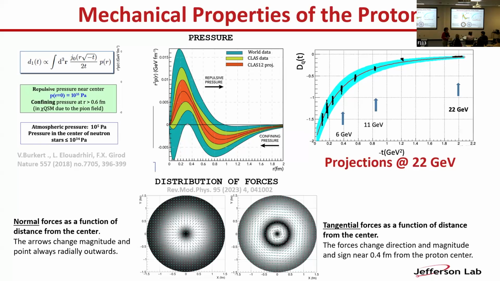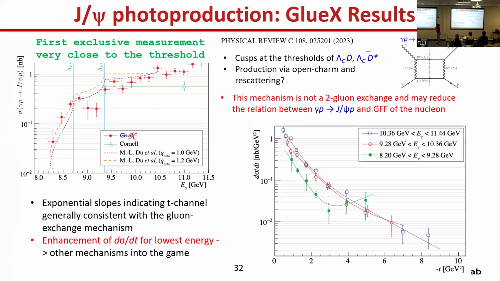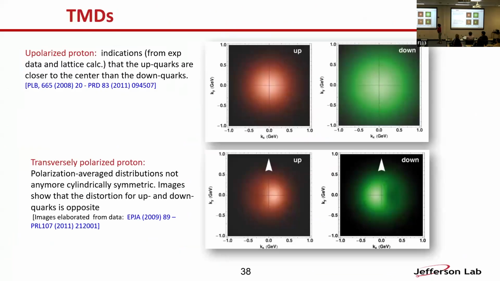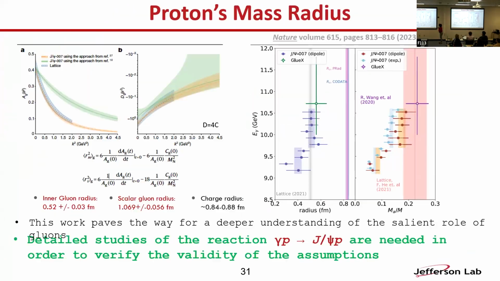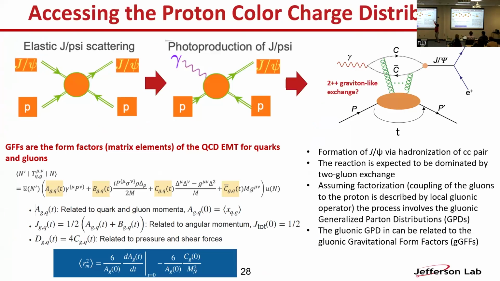Because you have to have a particle with quite a high mass in order to apply this. Here you have the high mass of the quark exchange.